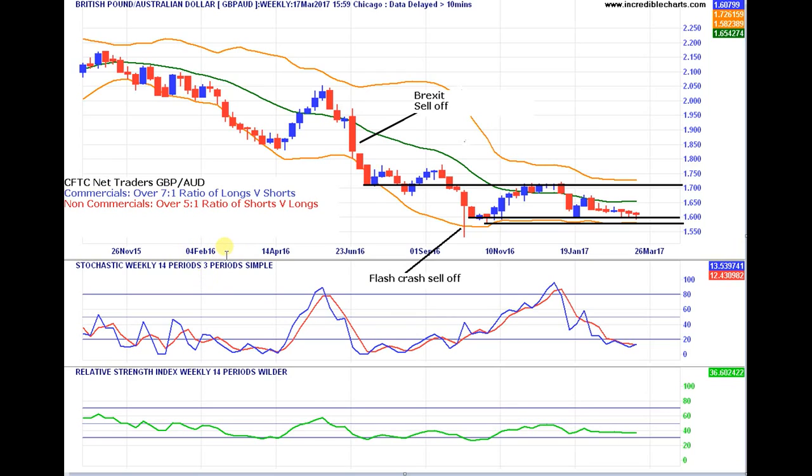Commercials have over 7 to 1 in terms of longs over shorts, okay? Non-commercials hold over 5 times as many shorts as longs. So you've got the commercials very bullish with a lot more longs than shorts, and obviously the non-commercials bearish, and both groups have accelerated their buying and selling this week.